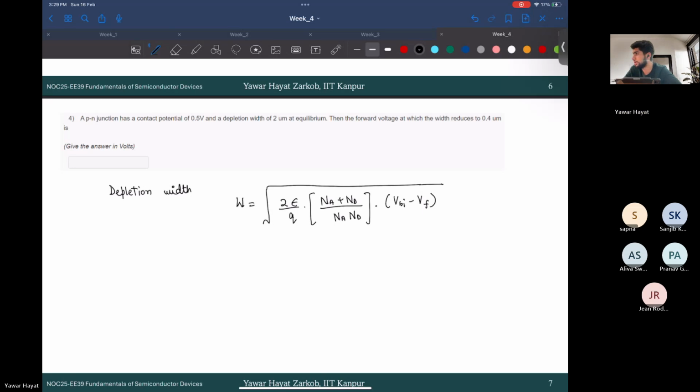Now, for the constant doping concentration, assuming that doping concentration doesn't change, we can treat this much as a constant, right? So your width is proportional to the square root of your VBI minus VF, right?